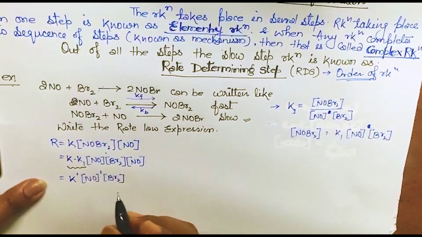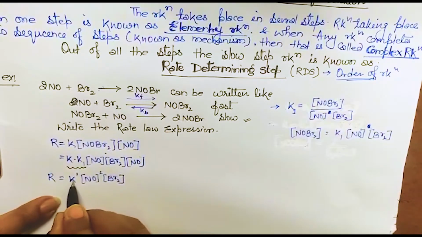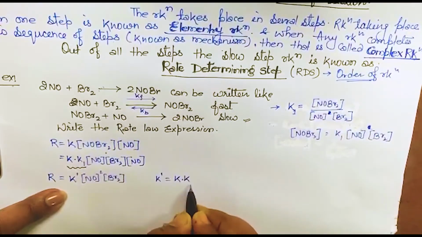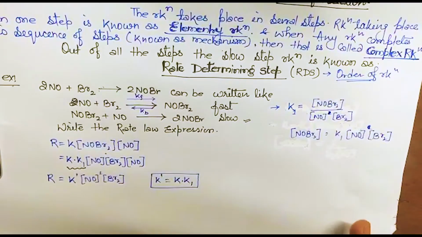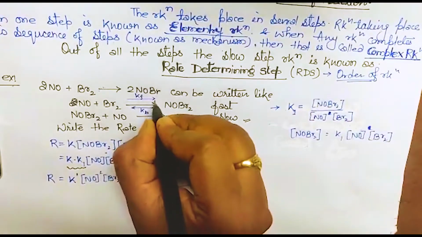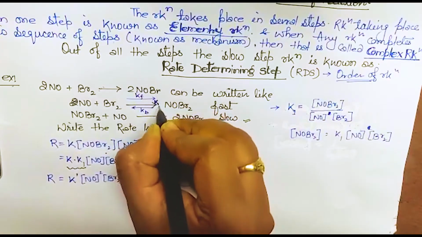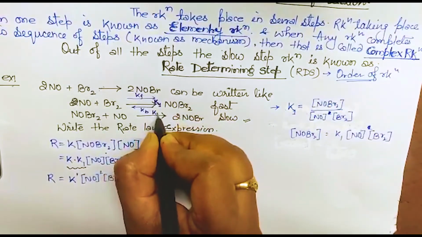So what is the order of reaction? Same, 2 plus 1. But this k dash is equal to k into k1. That is the thing over here. Clear? And if I write one thing, let me mark this. This is k. For this reaction it is k1, and for this reaction it is k2.